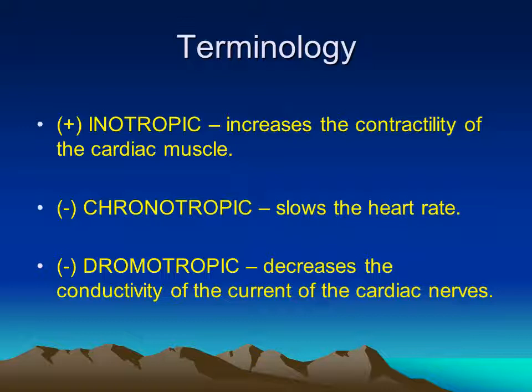So, in these drugs, we have a positive inotropic response. In other words, it increases the contractility. It decreases the rate, a negative chronotropic, and it decreases the conduction, a negative dromotropic.